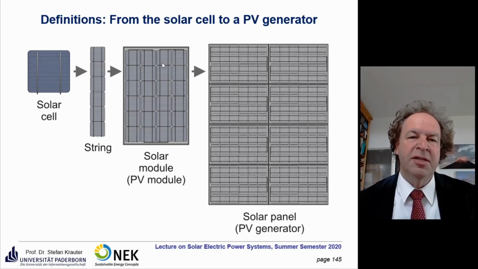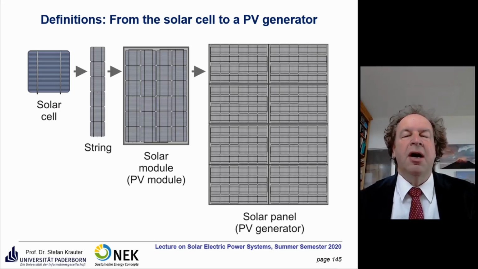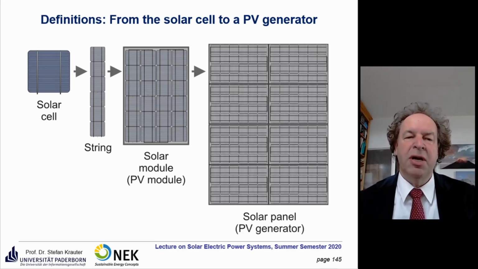If you take a look at some brochures, you find modules with different power values which look pretty much the same. This is due to the sorting. So you'll find modules with 390 watts, 395 watts, 400 watts, and 405 watts, and so on. This serves to avoid losses caused by single cells, which may block the total current of the module.